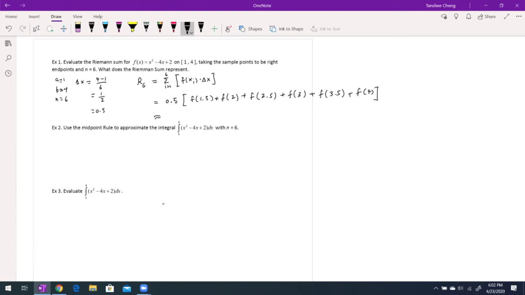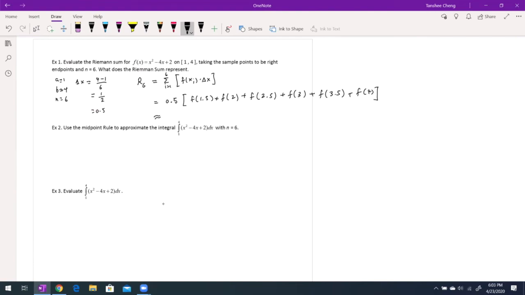So let's say if we were going to the left, then we wouldn't use the 4? If it said taking the sample points to the left, the left endpoint, it will be the same thing, but you're going to start with f of 1 instead of f of 1.5.